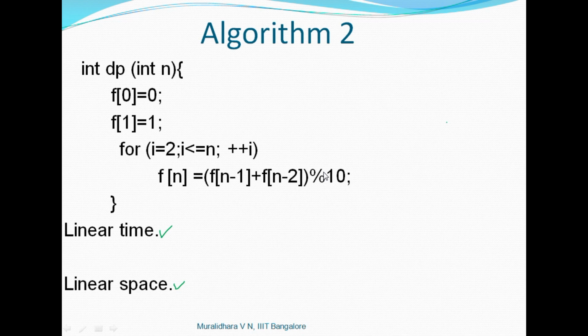Let's continue to look at the details of this algorithm. What we need to notice is that in order to compute f of n, we just need the previous two values, that is f of n minus 1 and f of n minus 2. But the earlier algorithm keeps track of all the values that you have computed so far. That is precisely the reason why it uses linear space.